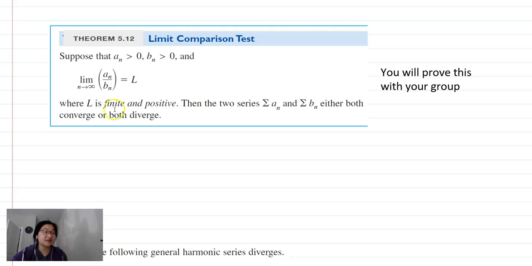Then we know that our series A and B either both converge or they both diverge. So think about how you're going to prove that. It's really helpful because if you know something about one of them, like that it converges or diverges, then you know about the other. And that's super helpful.